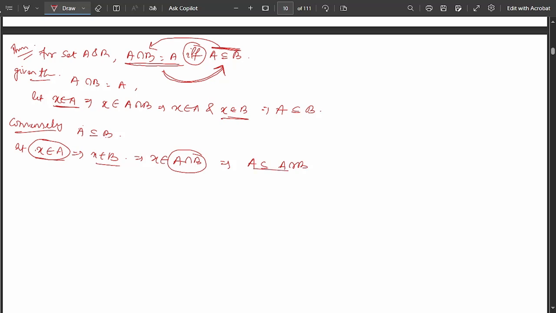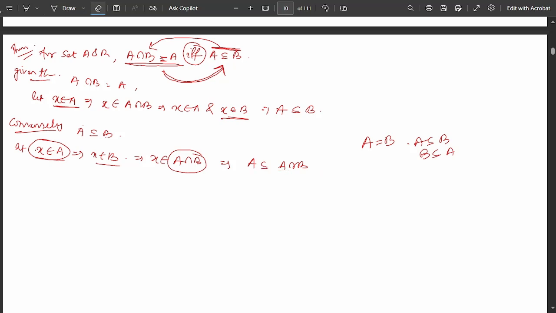Here, we have to show these two sets are equal. So the condition of equality will be used here. That is, when these two sets are equal, A is a subset of B and B is a subset of A. So we have to show that in both ways. Okay.